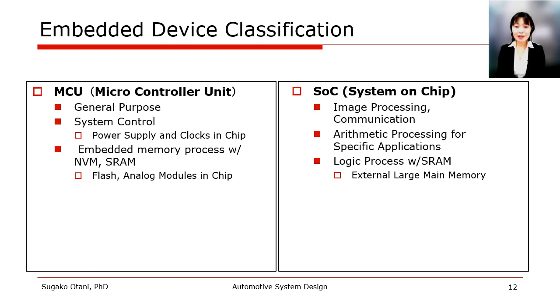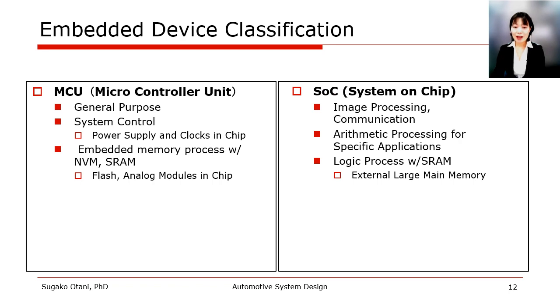Embedded devices include MCUs, microcontroller units, and SoCs, system on chip. MCUs are general purpose and used for system control. They have a power supply and clock inside the chip, and use an embedded memory semiconductor process with non-volatile memory and SRAM. Flash and analog components are also on the chip.